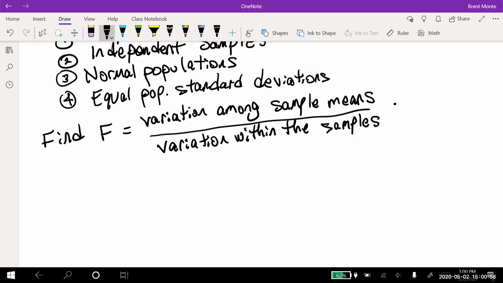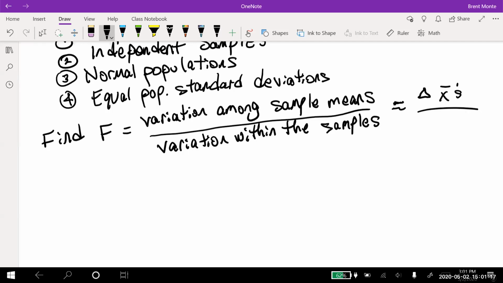Essentially what we're doing is this, approximately. So the variation among the sample means, we'll call it the change in X bars, I'll put an apostrophe right there even though that doesn't really go.